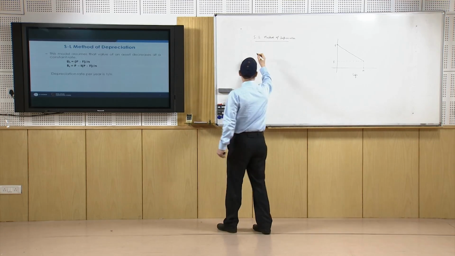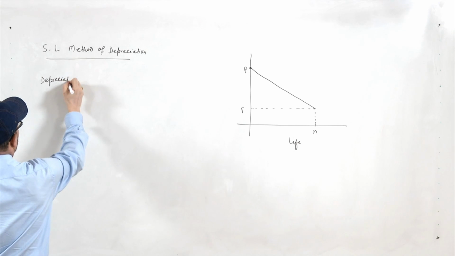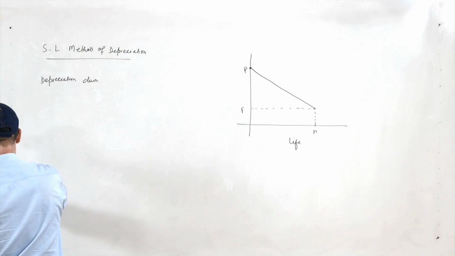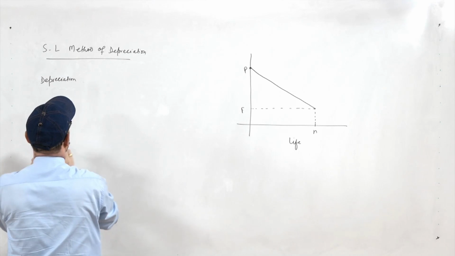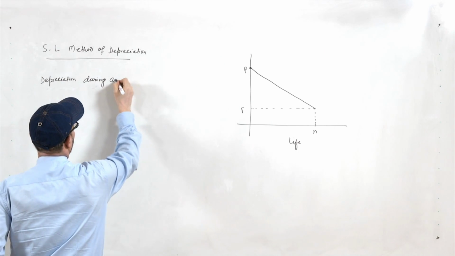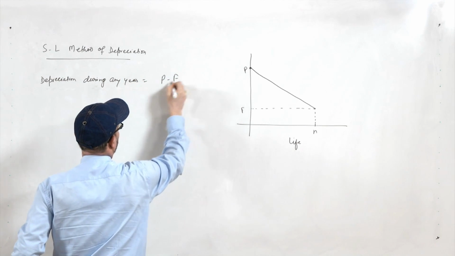So, depreciation during any year will be P minus F by n.